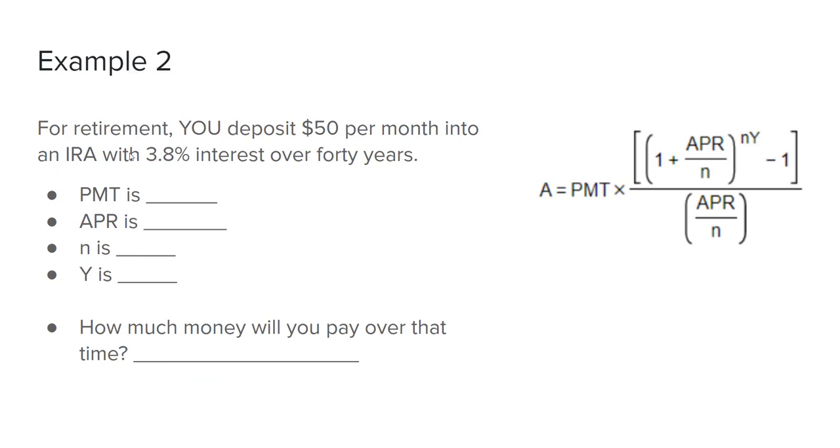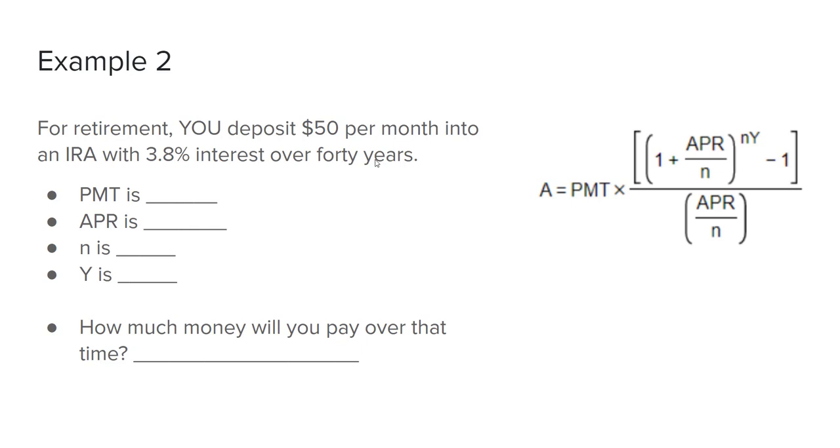We'll look at another problem, an IRA for your retirement, to encourage you to consider thinking about your retirement now. You are going to deposit $50 per month into that account, which has 3.8% interest, and you're going to do this for 40 years.